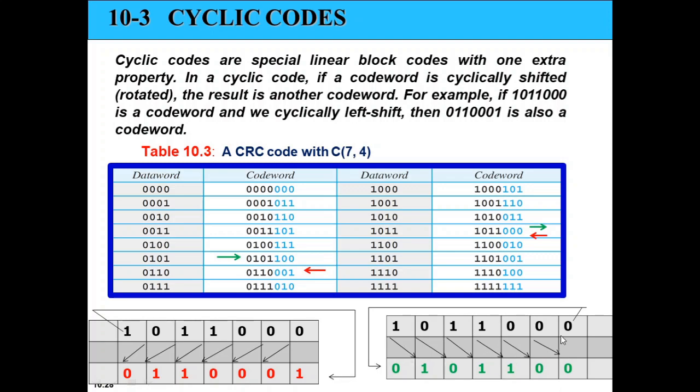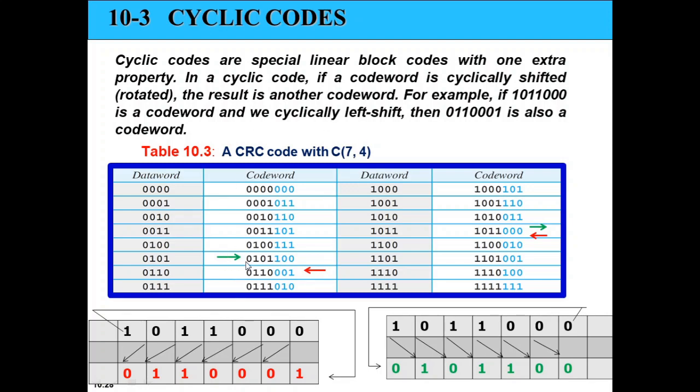Do a right shift. This 0 will come here, this 0 will come here, this 1 will come here, this 0 comes here, this 1 comes here. This position is vacant, and that will be filled by this 0. So your result after doing a right shift is 0101100. See whether you have it somewhere in the code words.